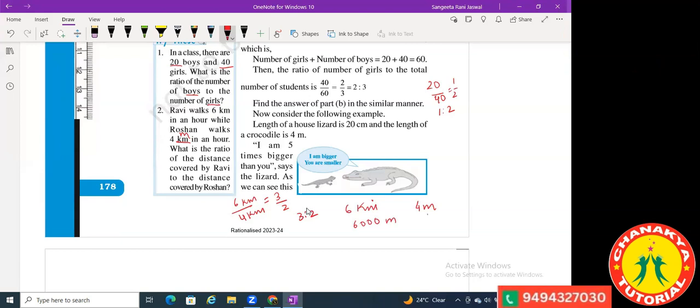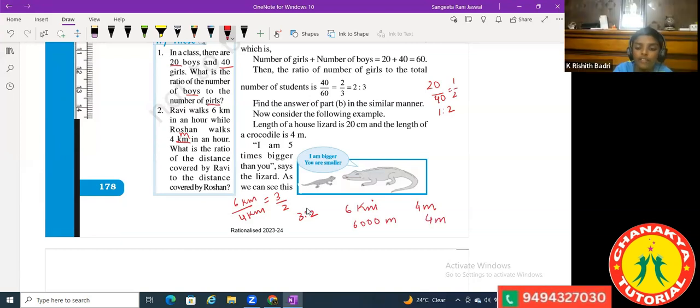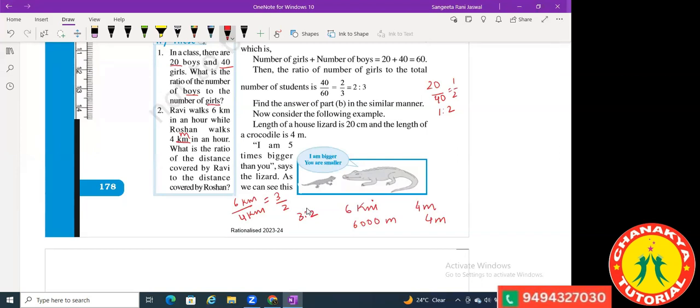We need to convert the bigger one, because if we convert the smaller one, the answer will come in decimals, and decimals will be harder. So to avoid the decimal, you should convert the bigger unit to the smaller one. Then you can take 6,000 meters upon 4 meters.